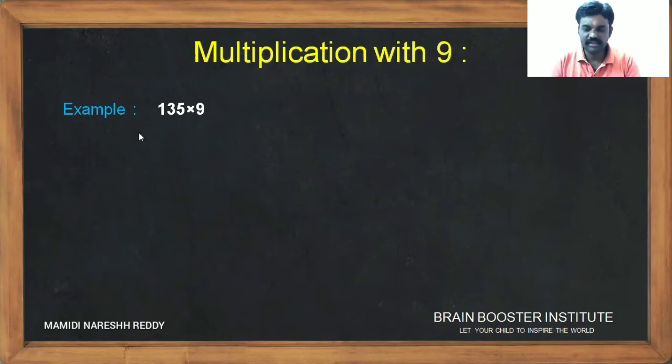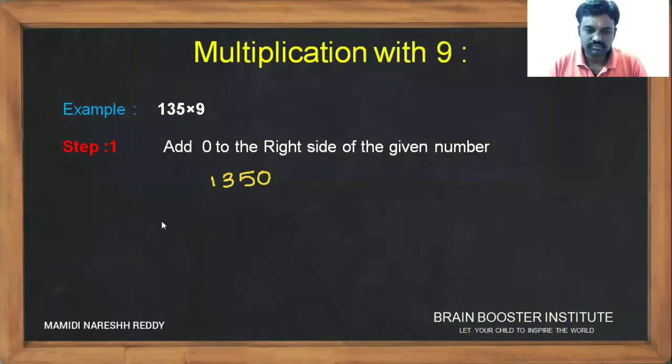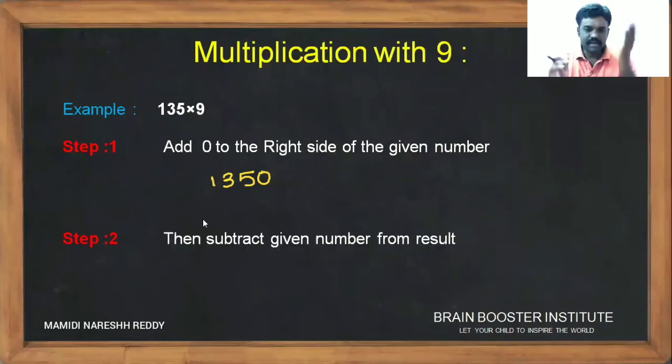The simple technique: step one is to add 0 to the right side of the given number. By adding 0, what do you get, my dear friends? 1350. Now step 2: subtract the given number from the first result.